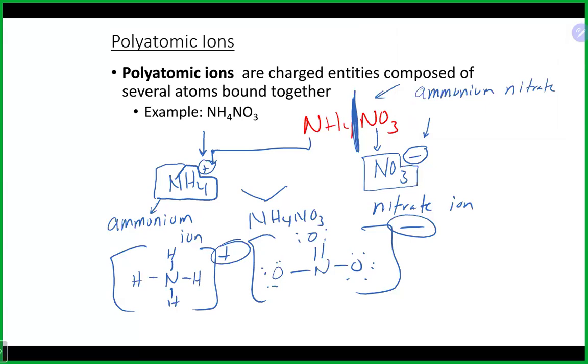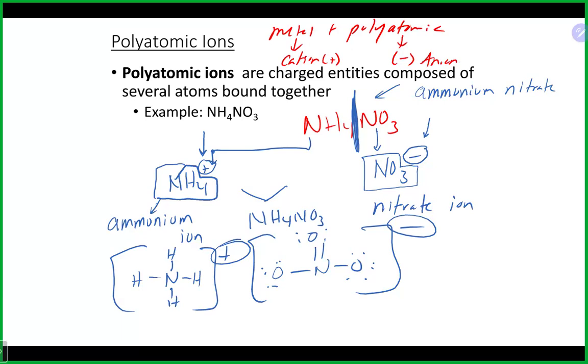So you very often find a metal and a polyatomic ion coming together, and that is probably typically what you will come across. Because the metal is still a metal, it is the one that's going to make your cation that's positively charged. And obviously, our polyatomic ion in most cases will be our anion that is negatively charged.